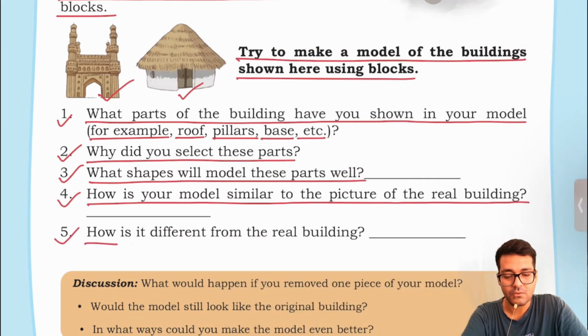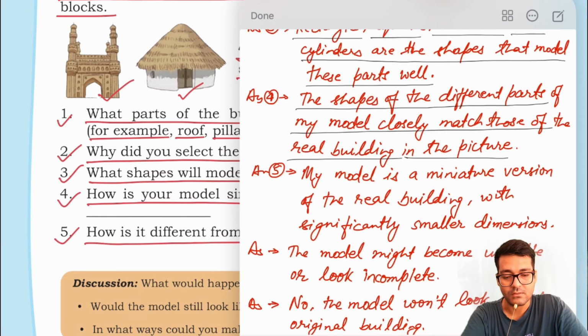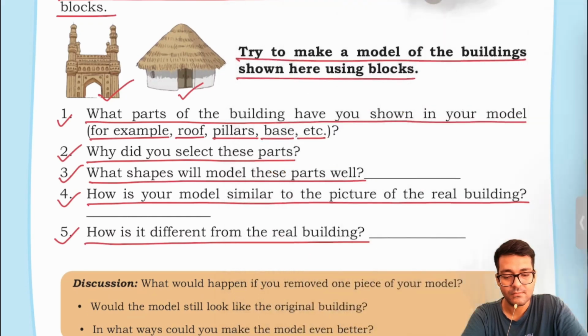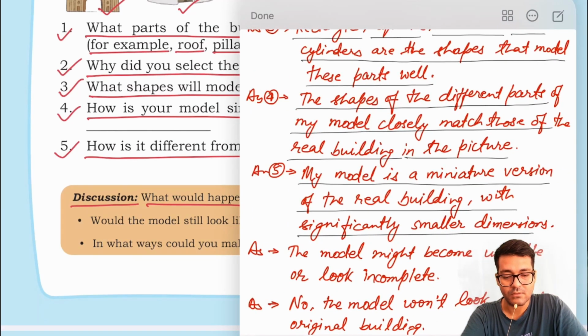5. How is it different from the real building? Answer. My model is a miniature version of the real building with significantly smaller dimensions. Discussion. What would happen if you removed one piece of your model? Answer. The model might become unstable or look incomplete.